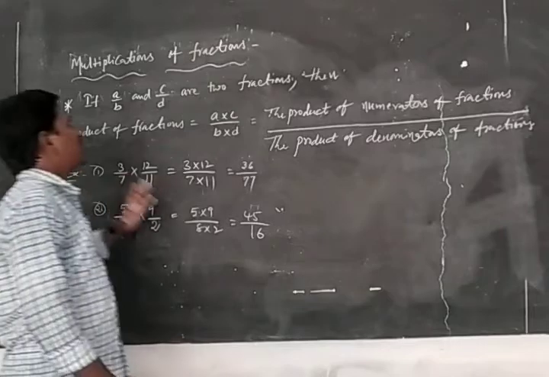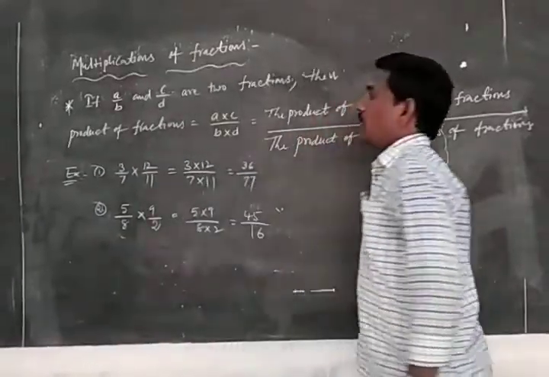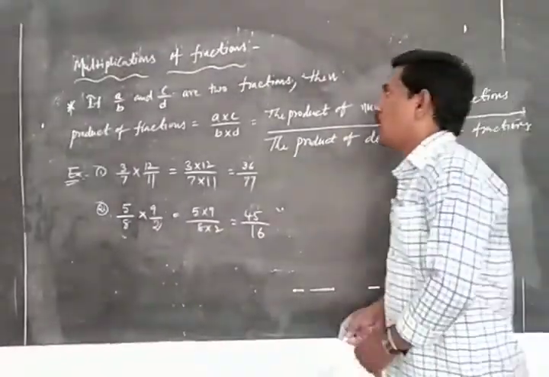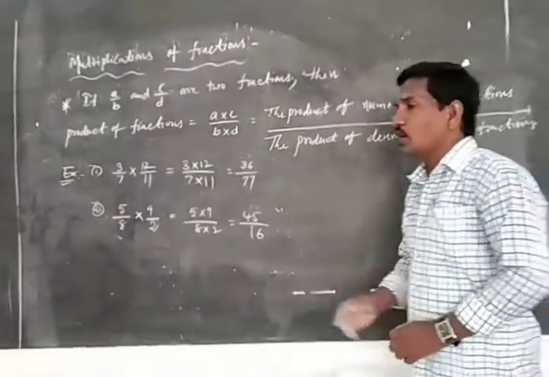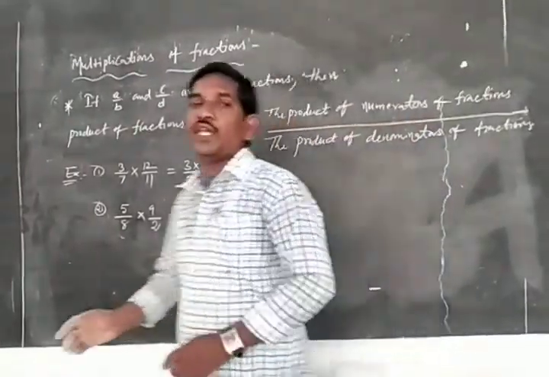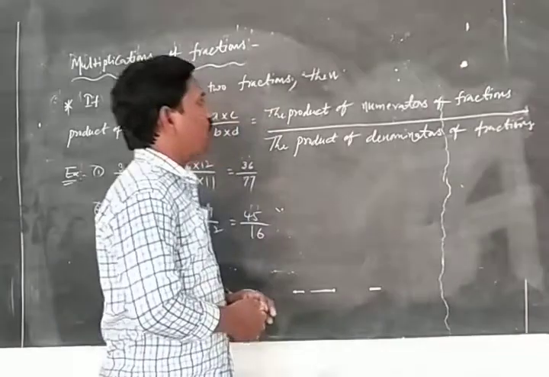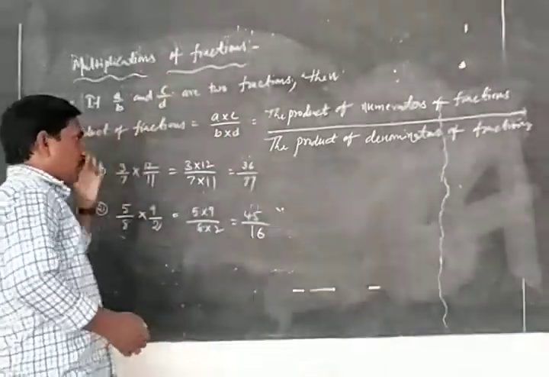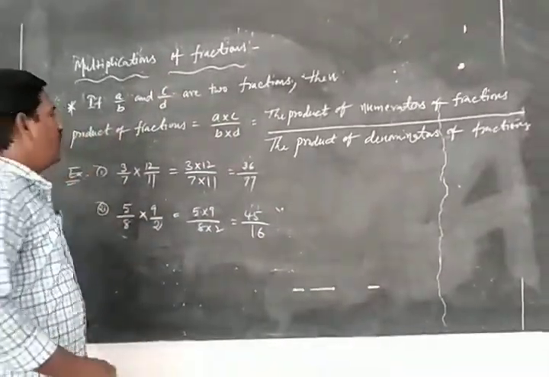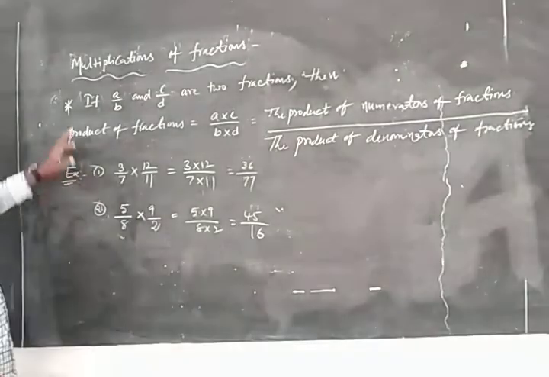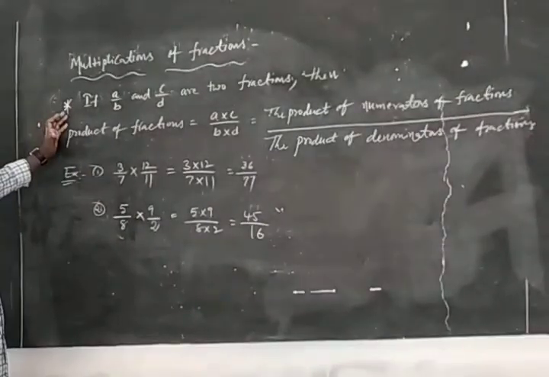So this is the multiplication of the fractions. If a/b and c/d are any two fractions, the product of the fractions equal to a into c by b into d. That means the product of numerators and the product of denominators of the fractions. These are the two examples of the product of the fractions.